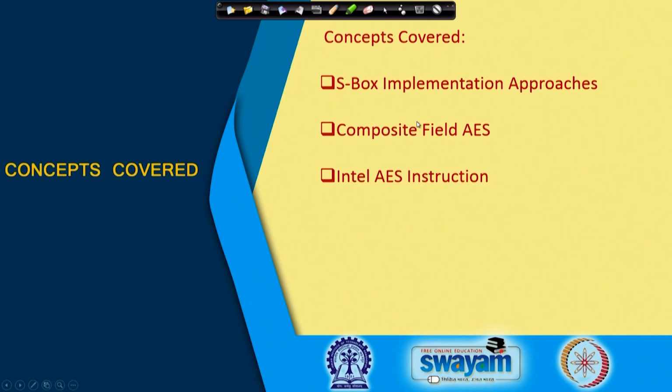The concepts that I will try to cover in today's class are to take a deep look into the S-Box implementation. We shall cover this in some of the next classes as well, and talk about getting a composite field AES, where the entire AES is implemented in composite fields.